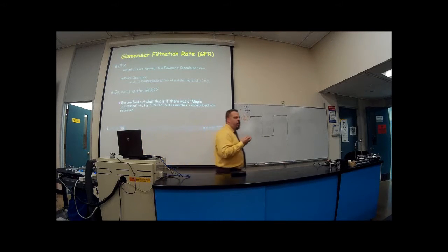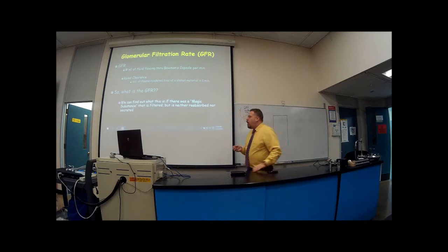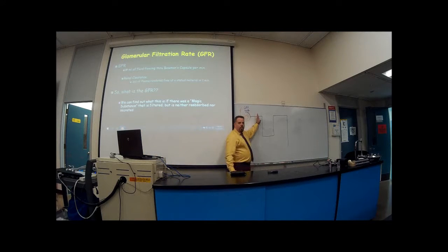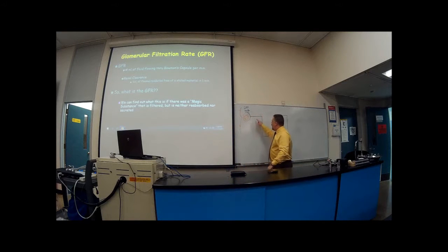We could find this GFR if we could get some sort of magic substance that is filtered in here, and none of it will actually get reabsorbed, and none of it will be secreted. So 100% of it comes in here, 100% of it will go out in the urine. That's how you have to find it.